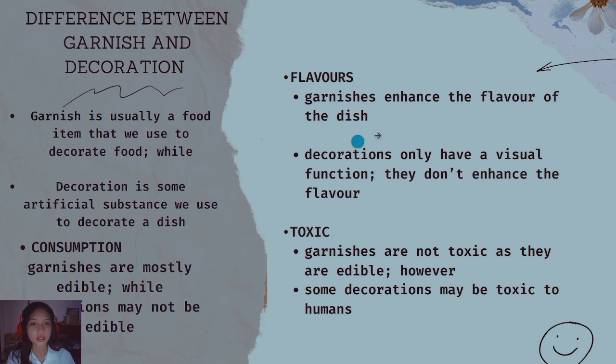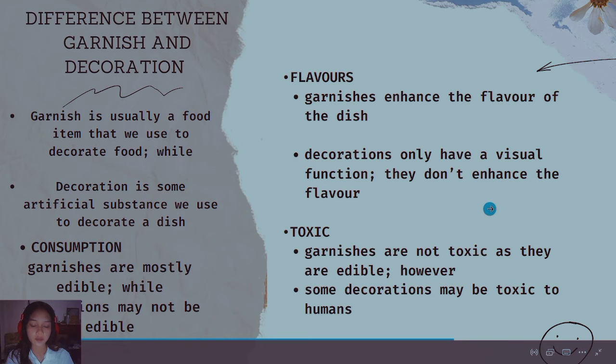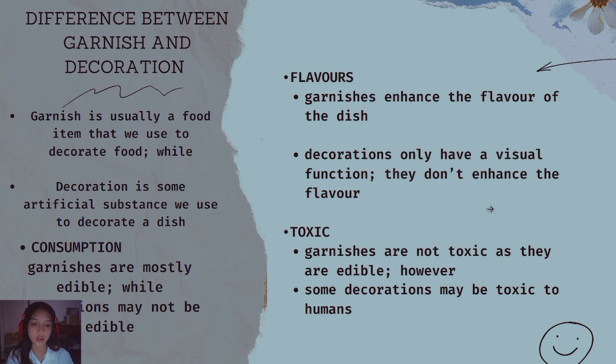In flavors, garnishes enhance the flavor of the dish, while decorations only have a visual function and don't enhance the flavor. In toxicity, garnishes are not toxic as they are edible. However, some decorations may be toxic to humans.